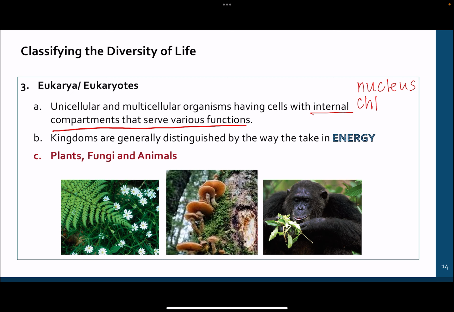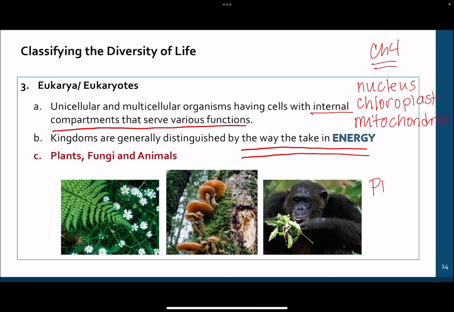So the eukaryotes are further broken down into kingdoms, and those smaller categories are separating our eukaryotes in the way that they take in energy. There are 4 kingdoms: the plants, fungi, animals, and then there's a 4th one that we'll talk about in a few minutes, the protists.